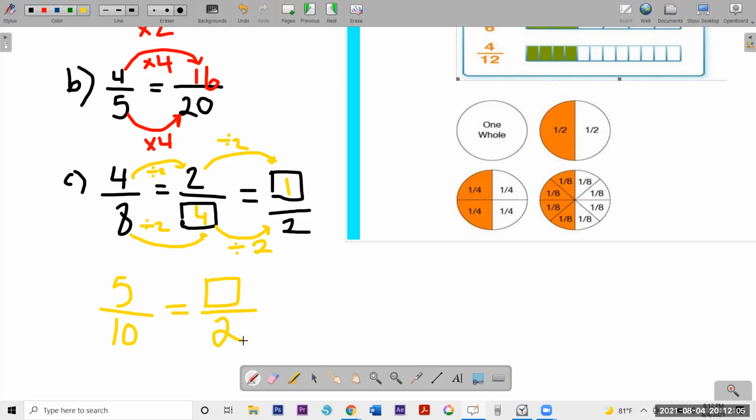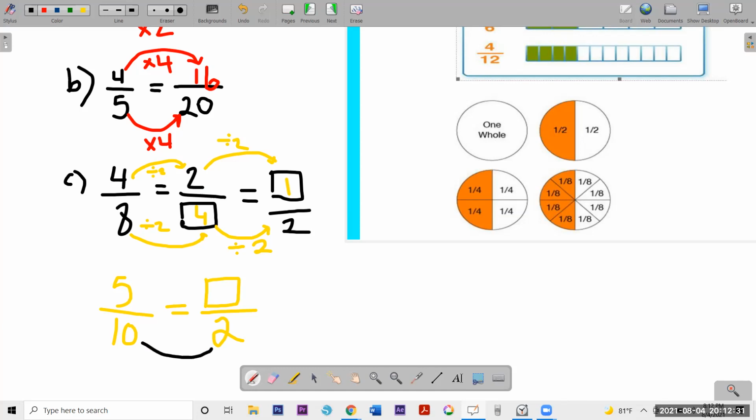All right, so let's look at this one. In this example, guys, what are we doing? Are we multiplying or are we dividing? Excellent. So I see divide, we get a half. Good. So we need to identify what number we need to divide by. How can I move from 10 to 2?